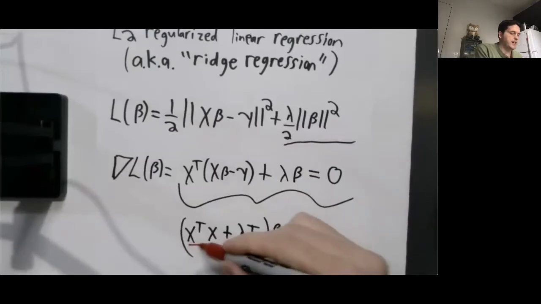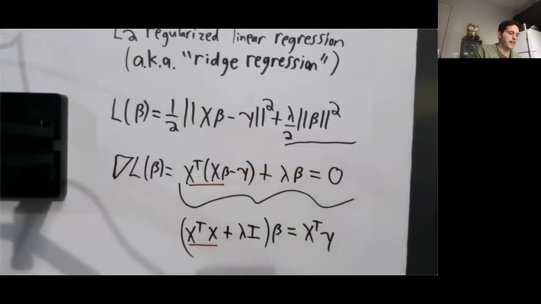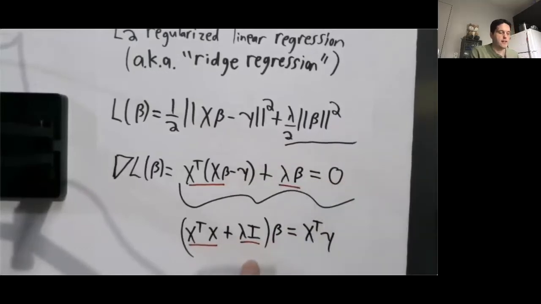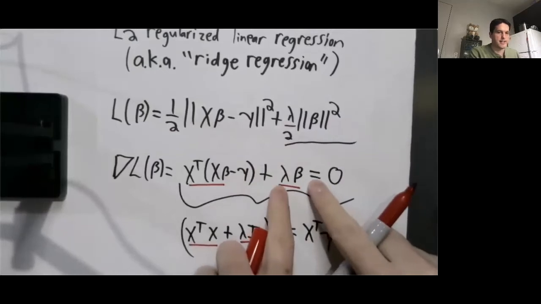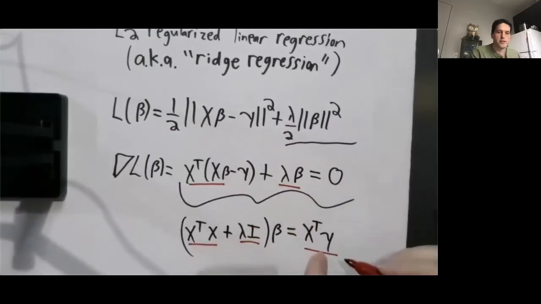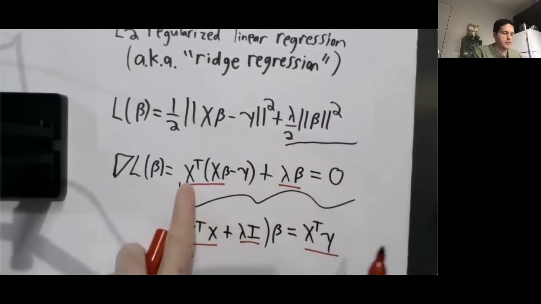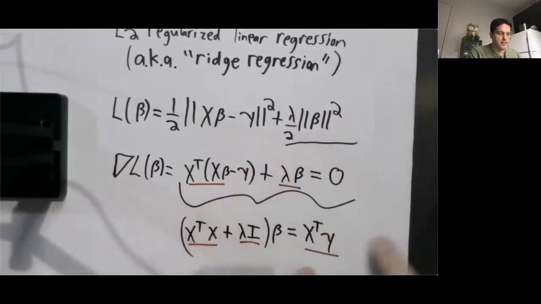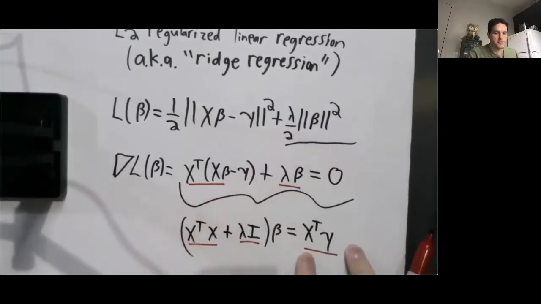So this X transpose X term came from here, and this lambda I term came from here. Lambda I times beta is the same thing as lambda times beta. And this X transpose y over here came from doing X transpose times minus y, and then we bring that over to the other side and we get X transpose times y.